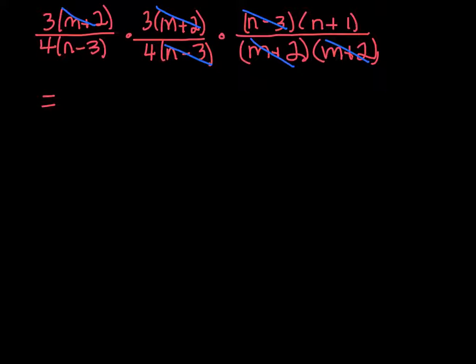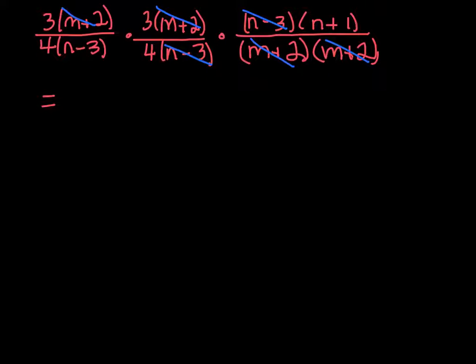All right, so then that being the case, remember the last step is to multiply across and rewrite as one fraction. So if we look, then what we have here, we have a 3 times another 3 times the n plus 1. And then in the denominator, we have 4 times 4, and times the n minus 3. Okay?